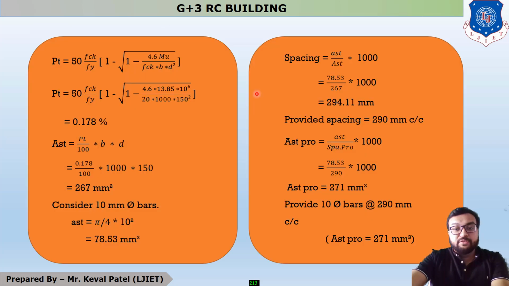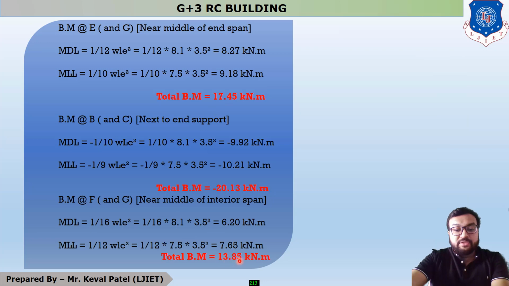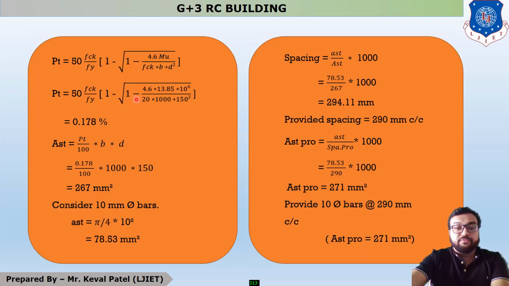Now the calculation for F point. So students, all the calculations remain the same. The only change is in the value of Mu. After that, our first step is to find out PT, which is 0.178.